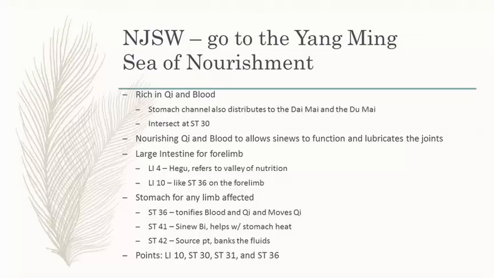Sometimes I have used the Daimai in some of these patients that have Wei atrophy syndromes, especially the degenerative myelopathy patients, and we'll talk about that in just a little bit. But this is one of the reasons why the Neijing Suwen stressed to go to the Yang Ming. Not that it's just all about stomach 36. It's actually really more about stomach 30, okay?